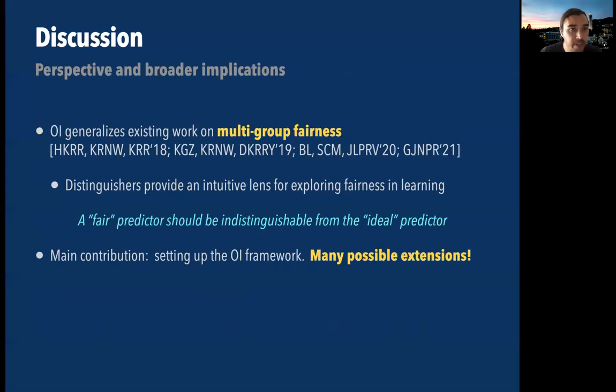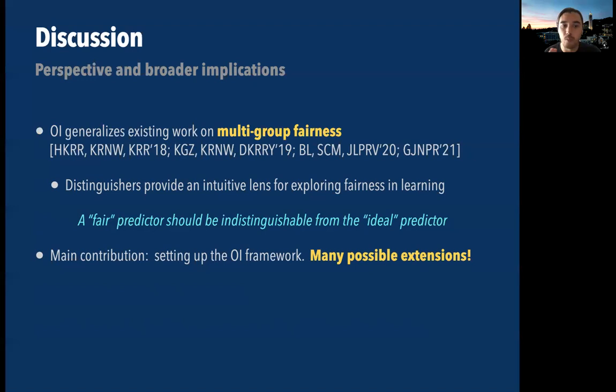So I'll just finish by putting forth one discussion point. OI is really designed, and our goals here were to generalize this work on multi-group fairness, or this evidence-based fairness framework. And really, I think the distinguisher perspective gives a nice lens to explore these fairness notions in the future.